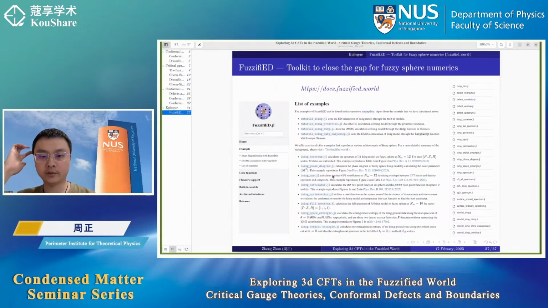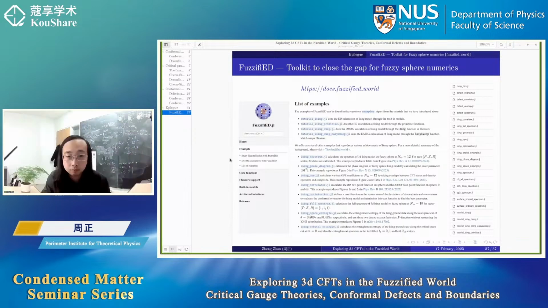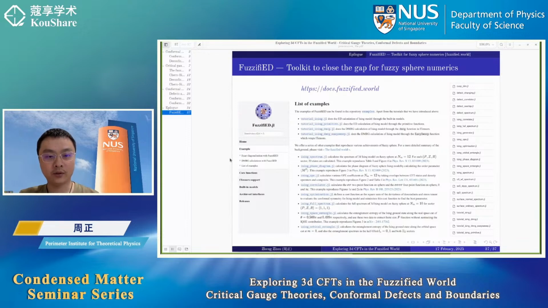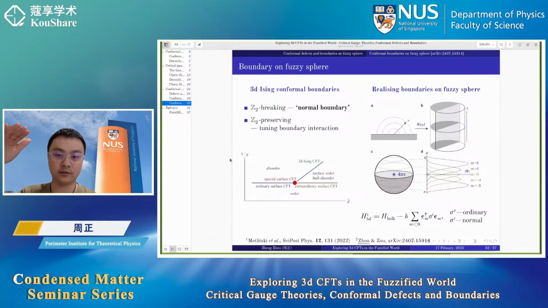Any other questions? I have a question. When you mentioned the study of a boundary on the fuzzy sphere, what one has to do is to make one half of the sphere different from the other half. My question is, do you have to divide the whole sphere into half and half? Can one side be 1/3 and the other be 2/3 and so on?